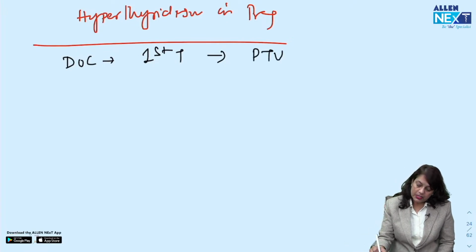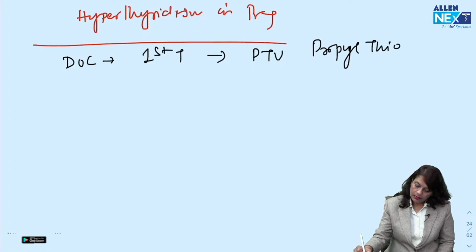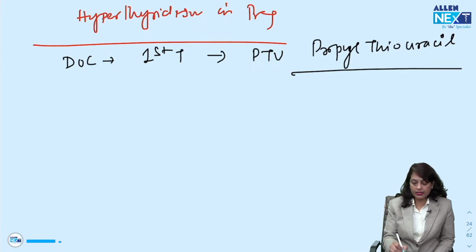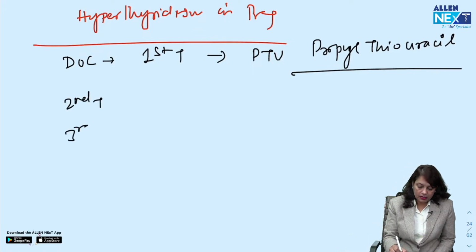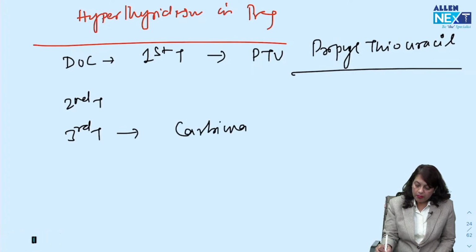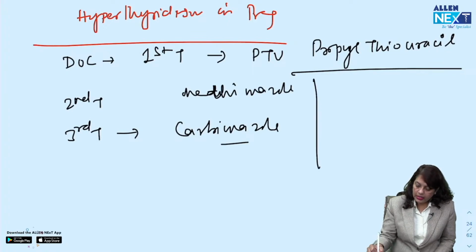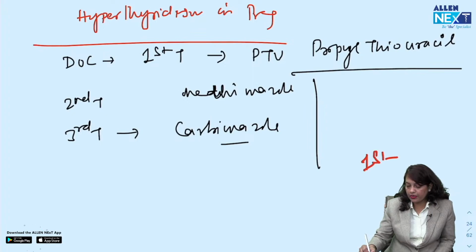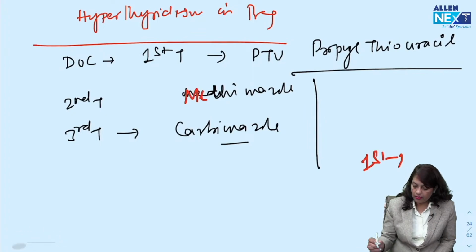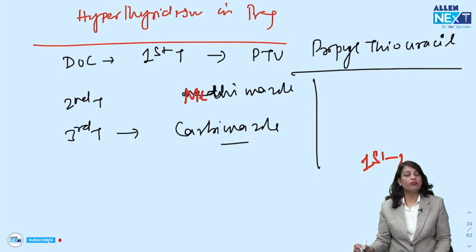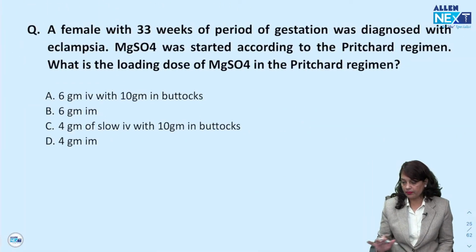Answer is PTU, that is propylthiouracil. In the second and third trimester, you can give carbimazole or methimazole. These two drugs cannot be given in the first trimester.